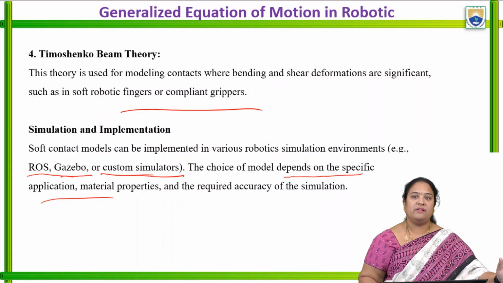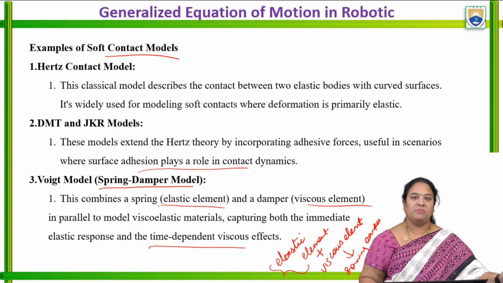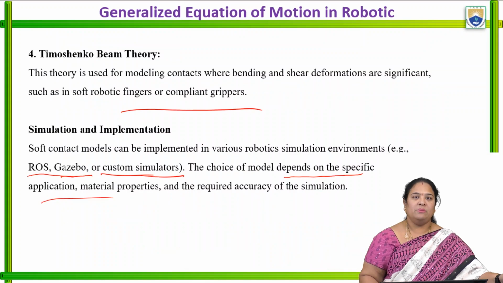So in the generalized equation of motion in robotics, we have discussed how to write a generalized equation of motion with respect to the Lagrangian equation. And we have seen the various simulation and implementation. We have come across the soft contact models. We have four types of soft contact models, that is the Hertz contact model, DMT and JKR models, and spring damper model, and the beam theory.